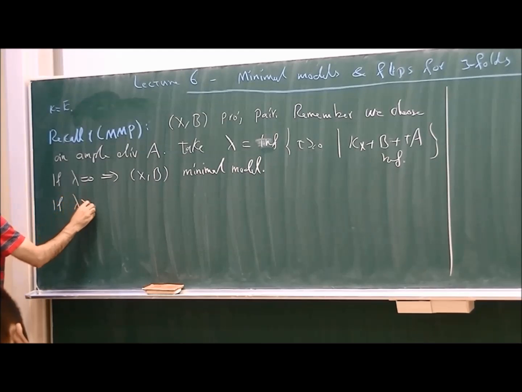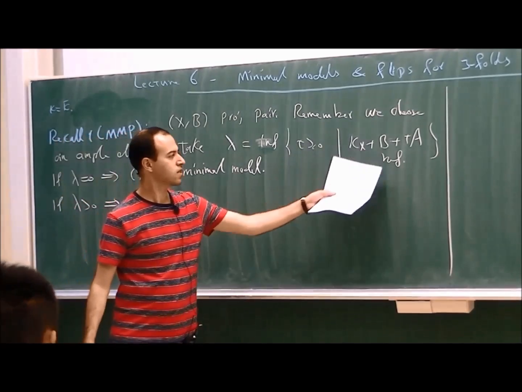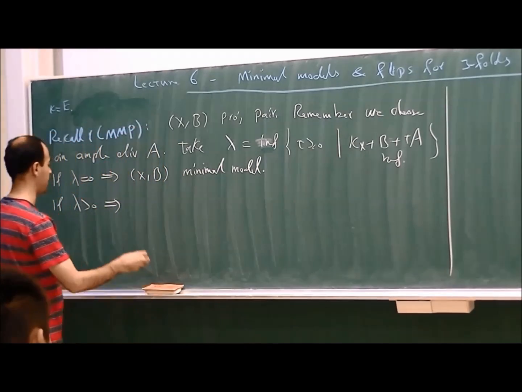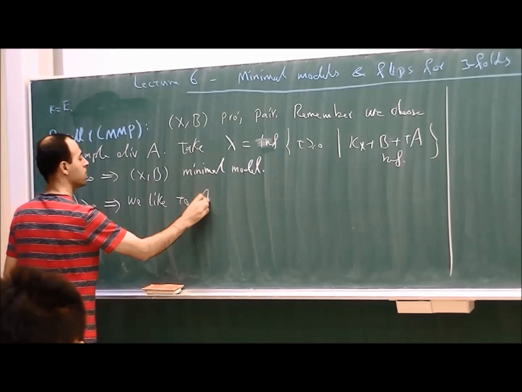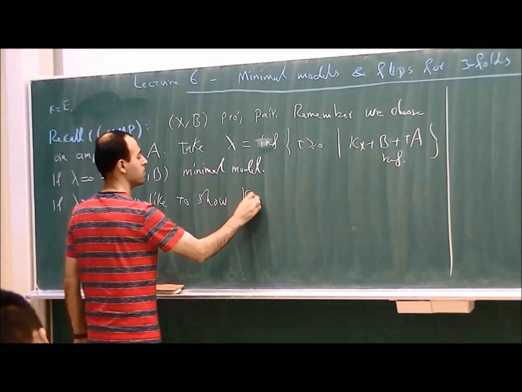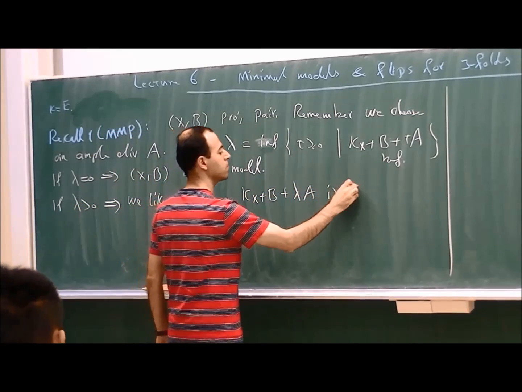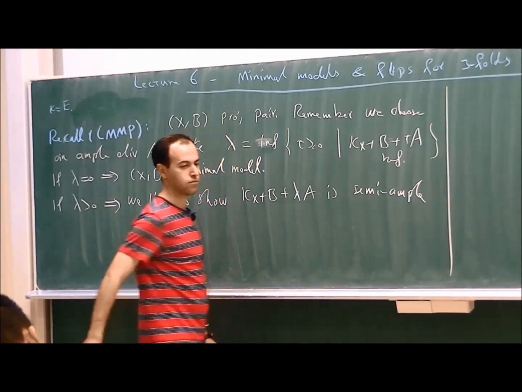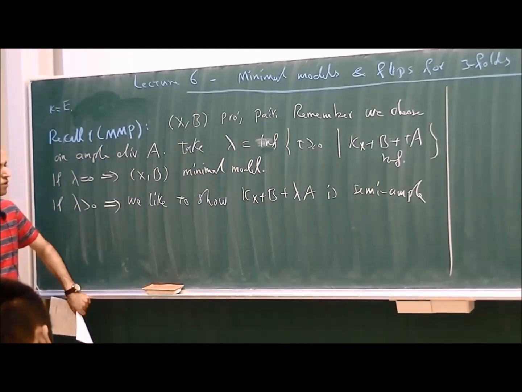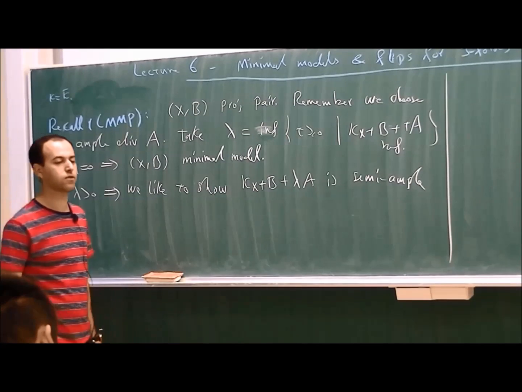Then we'd like to show that the divisor given by lambda is semi-ample. We have seen examples of this situation, like for 3-folds over a finite field, or for surfaces.